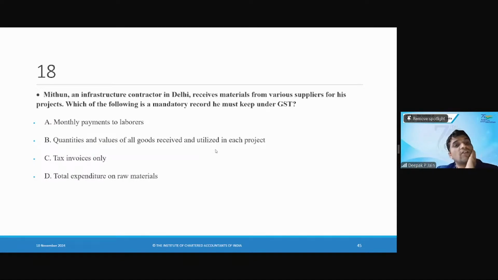Mithun, an infrastructure contractor in Delhi, receives materials from various suppliers for his projects. Which of the following is a mandatory record he must keep?